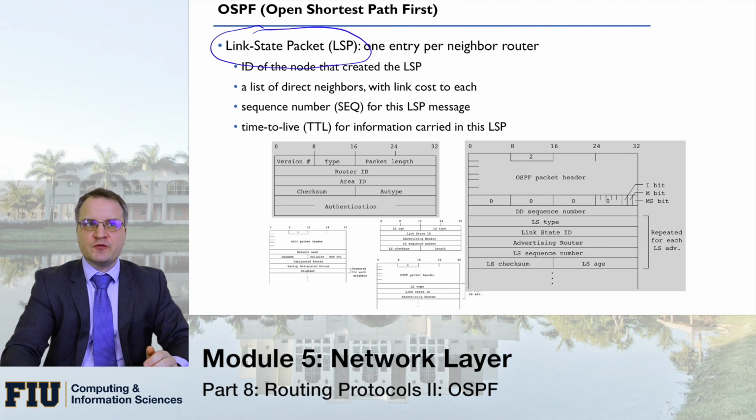There's some additional information like a time to live, but that's a separate story. So the important part is the identification of you as a router ID and the identification of the LSP message. The reason I'm highlighting this is because it's important for the purpose of calculating the routing tables.